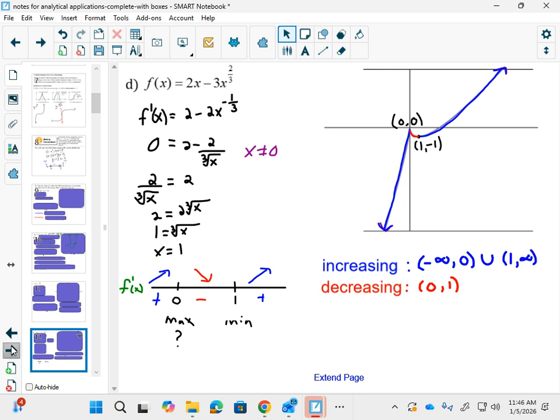It's a cusp. It goes to a sharp point. The blue part is increasing. Can you see your brain tricking you in this situation?